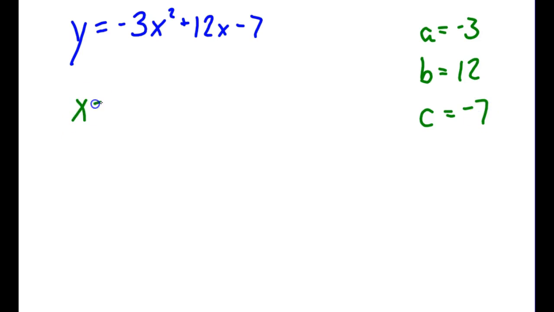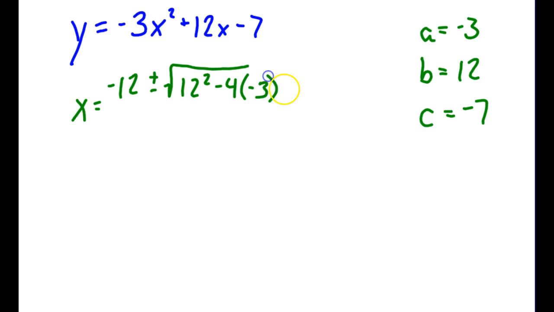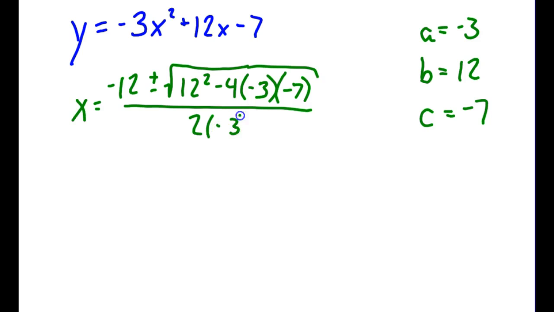So plugging these into the formula, we have x equals negative 12 plus or minus the square root of 12 squared minus 4 times negative 3 times c, which is negative 7. That's all divided by 2 times negative 3.